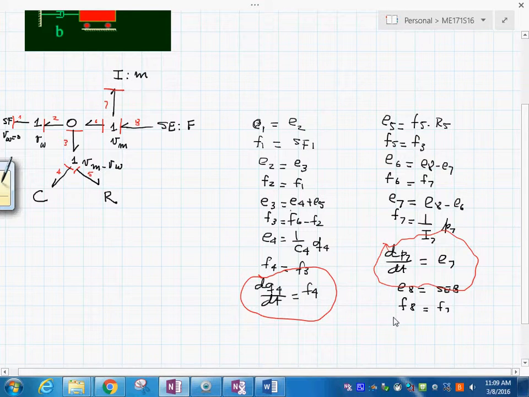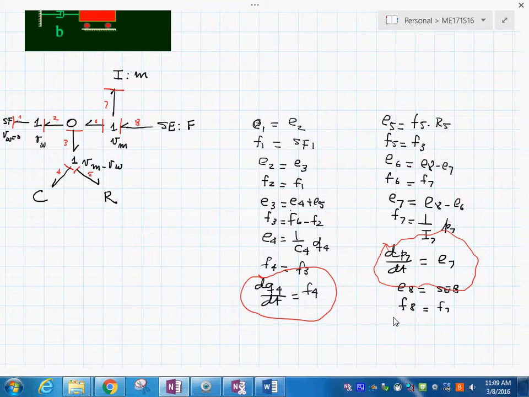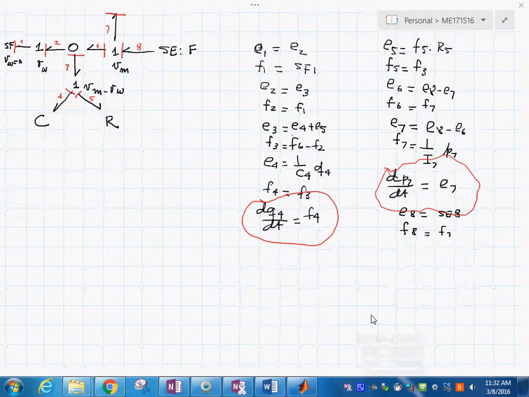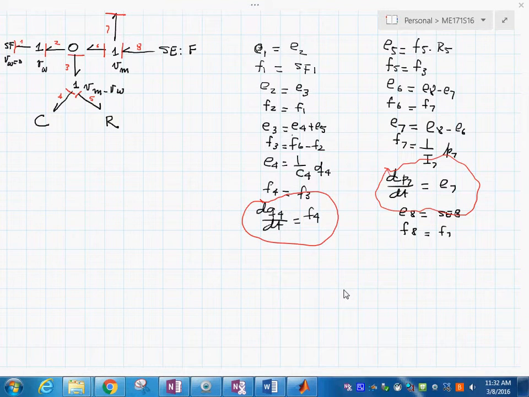Okay, so we have the individual constitutive laws that we have used for each bond and for each element. There is a question here about what to do with this internal bond. Is E6 equal to E sub 3 or is it equal to E8 minus E7?